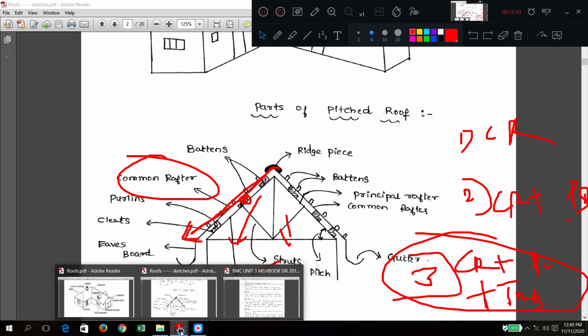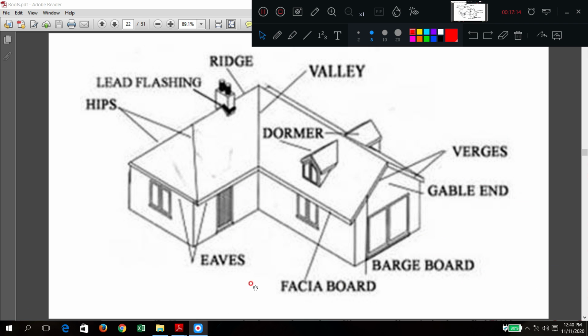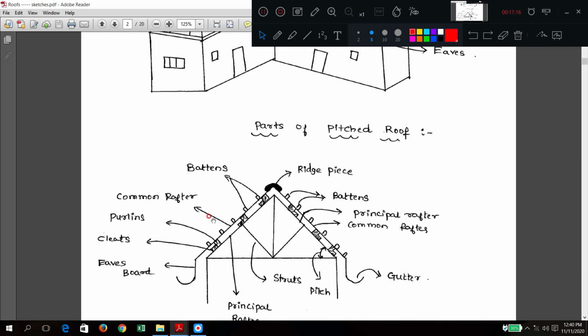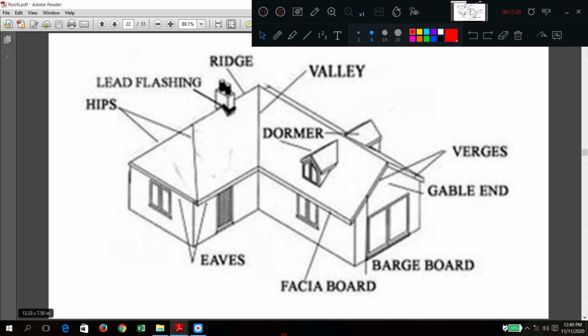Okay, here. This will give a better idea. So that was a hand drawn drawing. I have drawn this one diagram by seeing this one only. So now here you can see. Now you can understand the difference between hips and valley. Valley is the intersection where a depression is there. Hip is the raised portion of the slope.